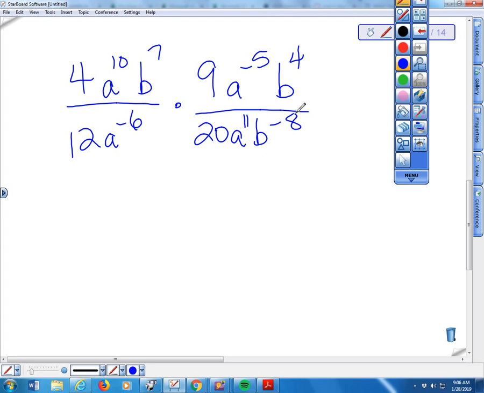Let me write this down first. So one thing I would do with this one is, let's go ahead and simplify our coefficients first. Okay, I have 4/12, and sometimes it's even helpful to just group all of your like terms together.